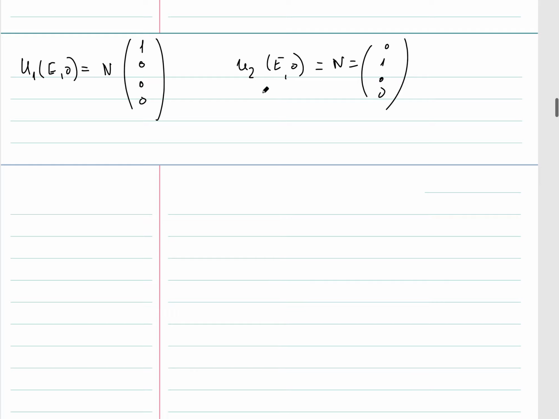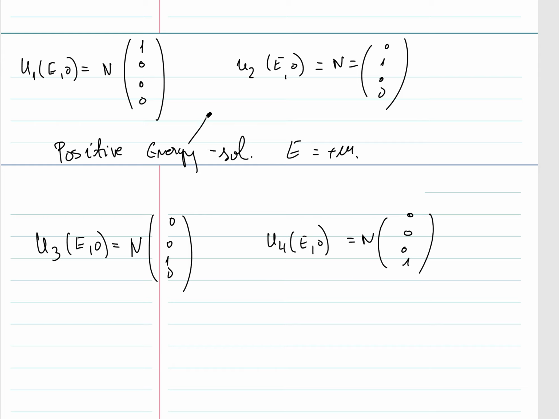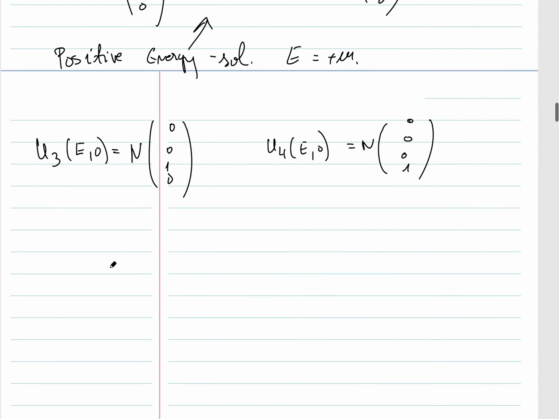These 2 solutions correspond to the positive energy solutions, E equals plus m. And then we can have the negative energy solutions, u3 of E0, which is 0 0 1 0, and u4, which is 0 0 0 1.